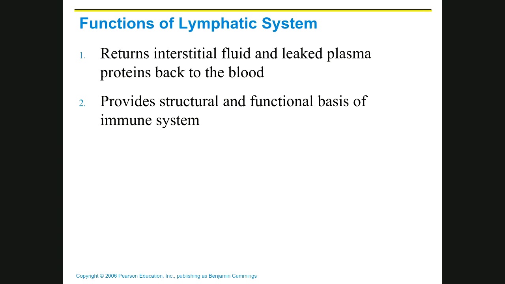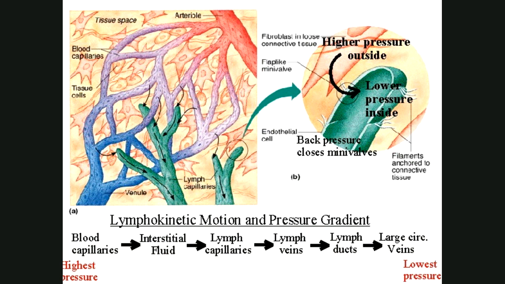Well, the fluid is this interstitial fluid that comes out, and it's going to enter the lymphatics. Look, here are blood capillaries right here. Here's our arteriole over here, and there's our venule over there. As fluid goes through here, it leaks out.